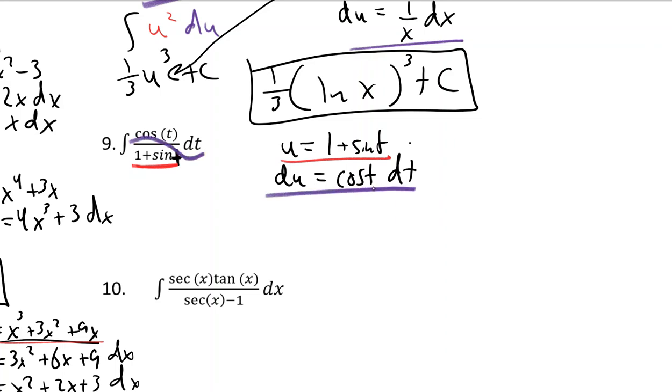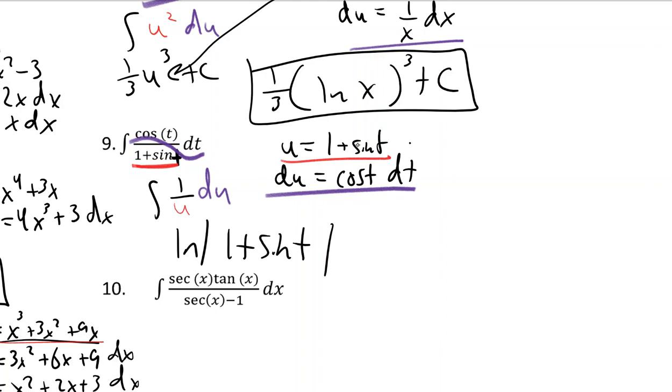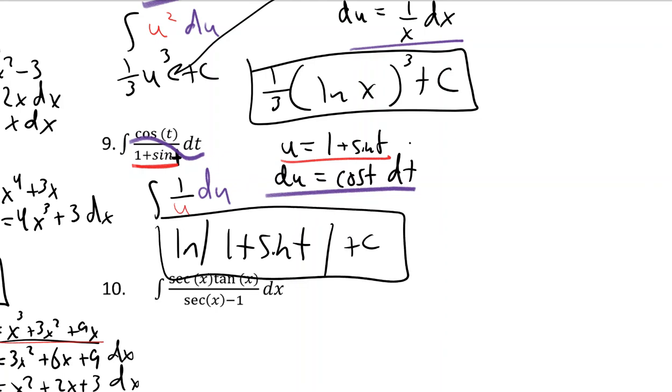The other parts that I have are what I want, so I don't need to do anything to both sides here. So it looks like I could get 1 over u du, which would be the natural log of the absolute value of u. And I'm just plugging that guy back in. And don't forget your c.